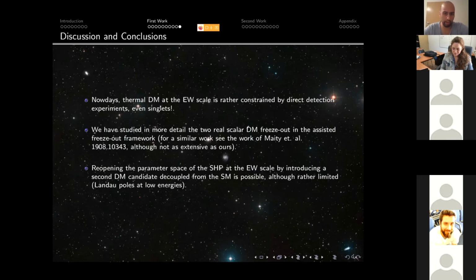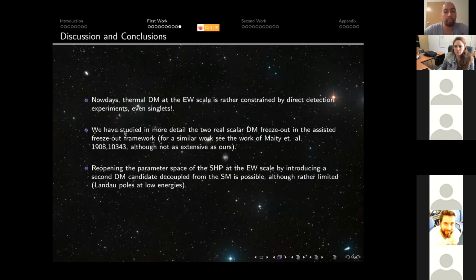In particular, we went to this extension with two real scalars in a particular framework in which we turned off one of the Higgs portals, but we have seen that the couplings that you get are too high, because the Higgs portals are under testing, if you want, directly by the direct detection experiments.